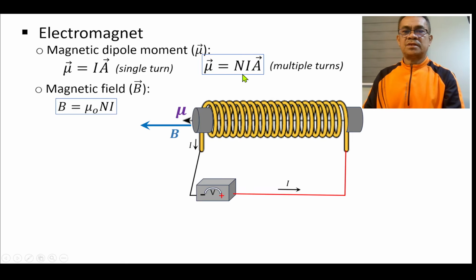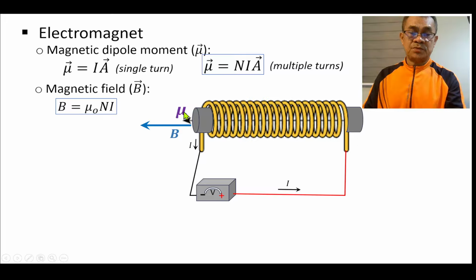Because if you don't have this one, and the current is cut at that point, then without the iron core, the magnetic field is automatically zero. Why? Because there's no current, and there's no mu.